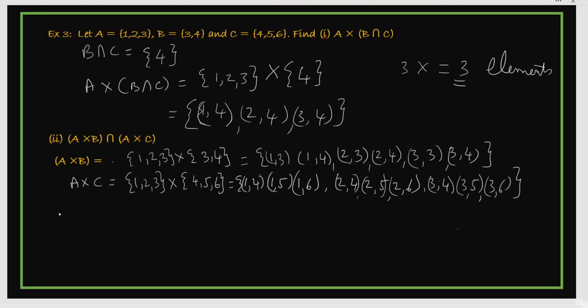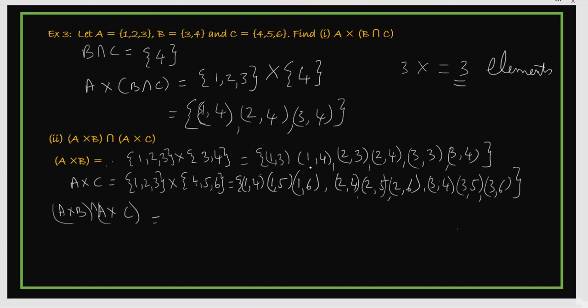Now the intersection of A cross B and A cross C. What are the common elements in that? (1, 3) is not in A cross C. See, here you can easily see that 4 is common in B and C. So naturally, around that element, the pairs will be common.